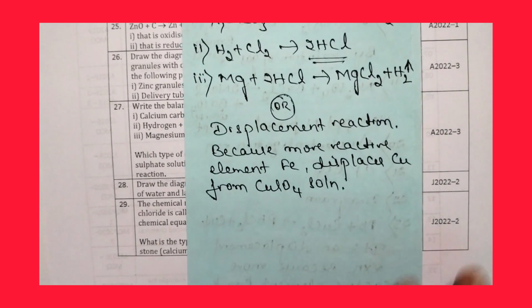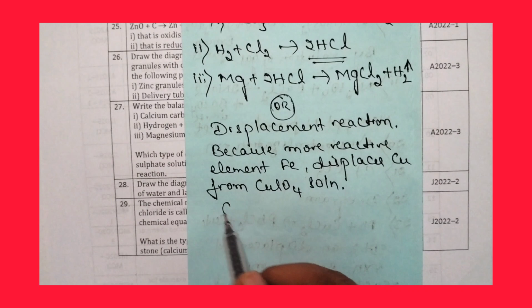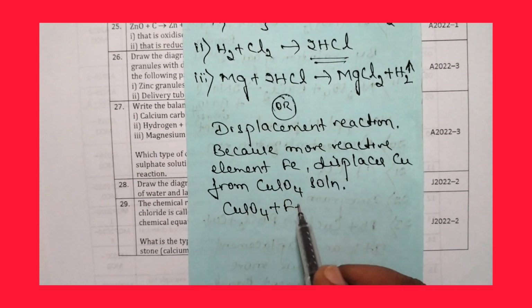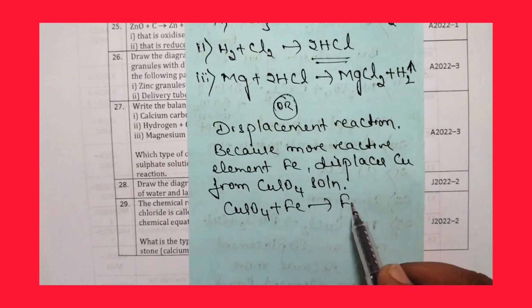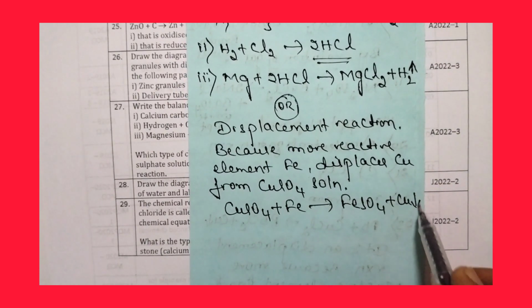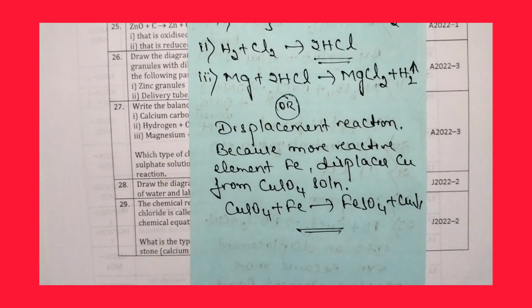So like this we have to answer, and we have to write the balanced chemical equation. CuSO4 plus Fe give rise to FeSO4 plus Cu deposited. So this is the balanced chemical equation for this question.